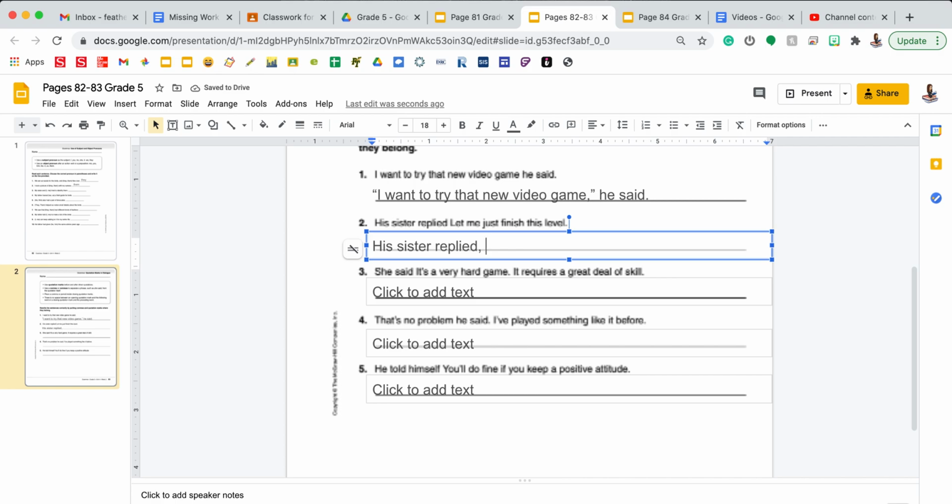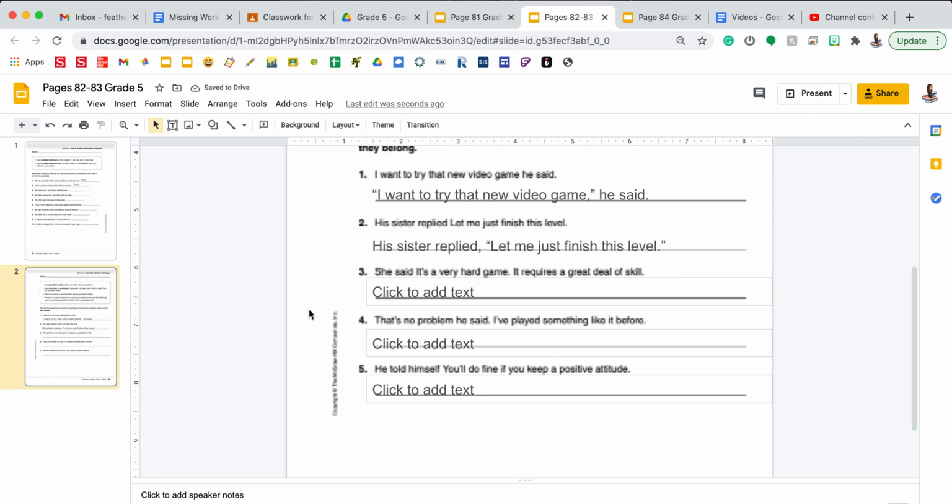So I need to add a comma, quotation mark, no space. Since it's the end of my sentence, I'm going to put a period and then ending quotation marks. You will just have 3, 4, and 5 to complete on your own.